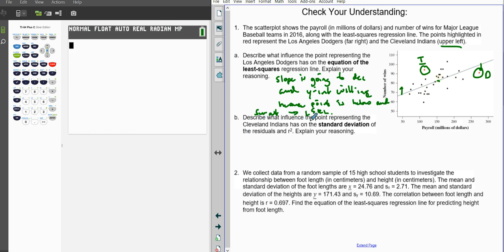Now describe what the influential point representing the Cleveland Indians has on the standard deviation of the residuals and R squared value.